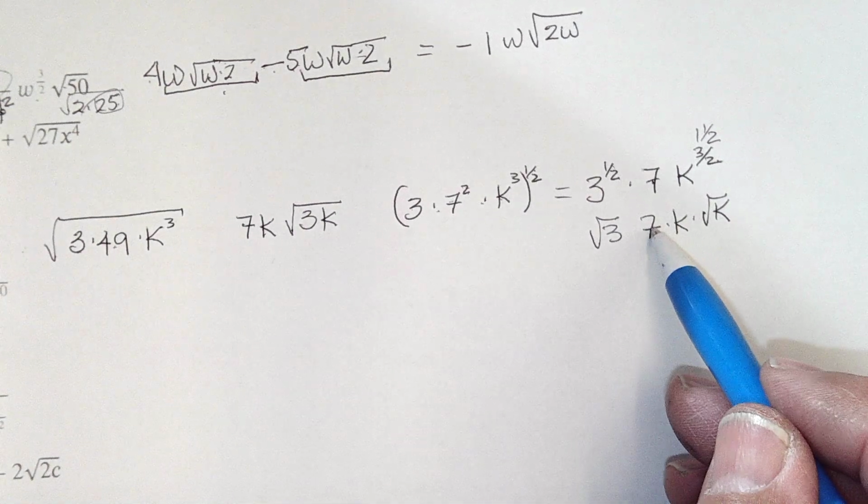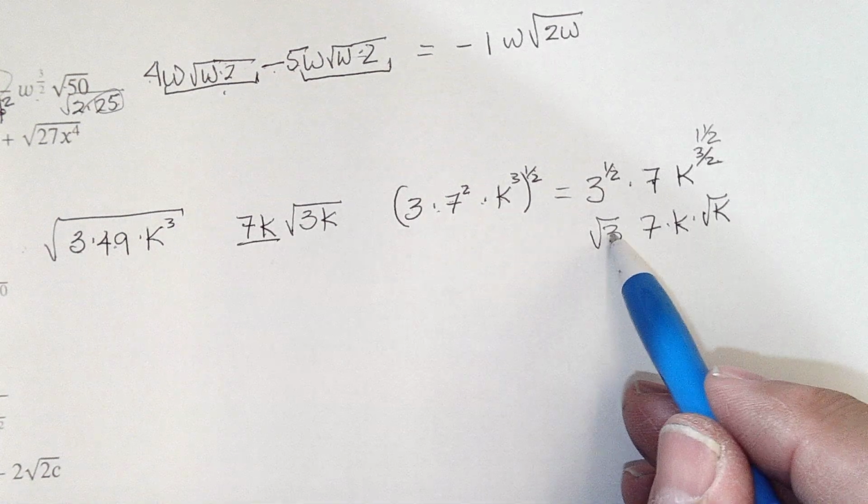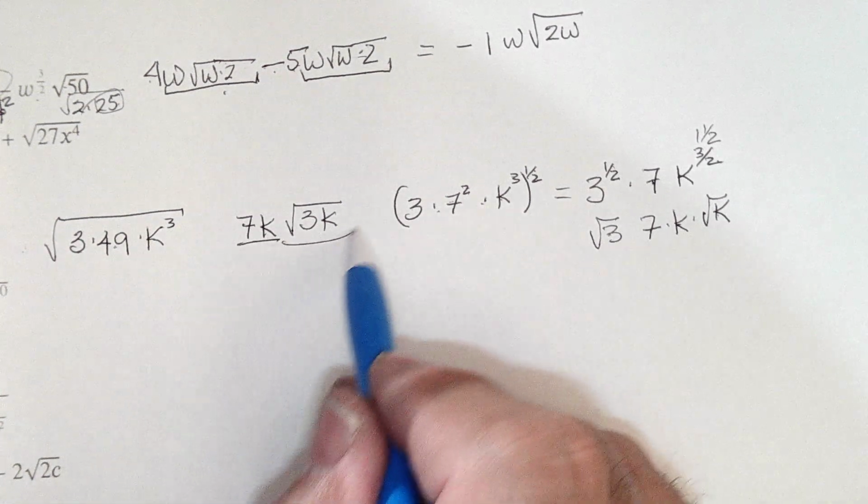Cleaning it up, 7k square root of 3 times square root of k.